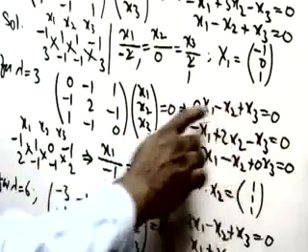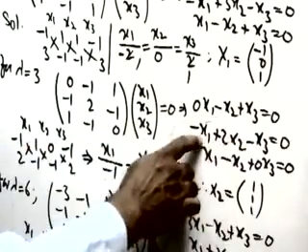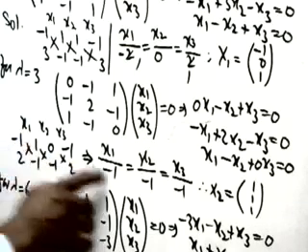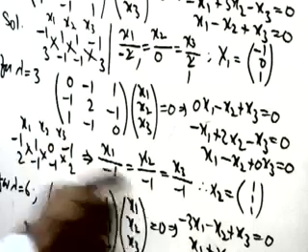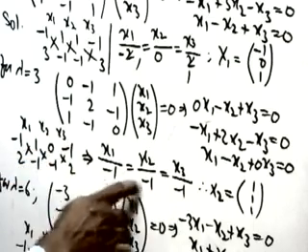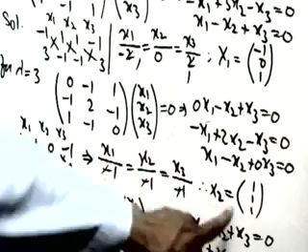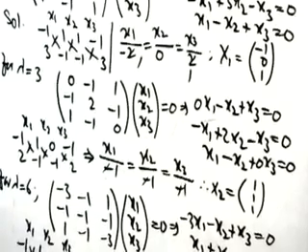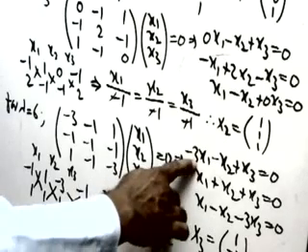Now let us solve the first and second. x1 by minus 1 minus 2 is minus 1, x2 divided by 0 minus 1 is minus 1, x3 by 0 minus 1 is minus 1. Here we can cancel the minus signs, and you will get the second vector: 1, 1, 1. In a similar way, if we keep lambda equals 6, we get the matrix.